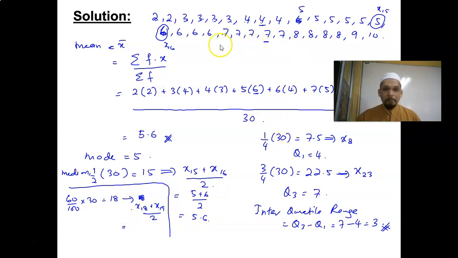Counting 16, 17, 18, then 18 and 19: 6 plus 6 divided by 2 equal to 6. That's it, the solution for the example in the lecture notes.